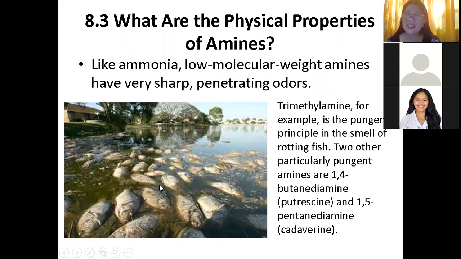Formalin is in the form of aldehydes. Formalin is the common name, and its IUPAC name is formaldehyde.